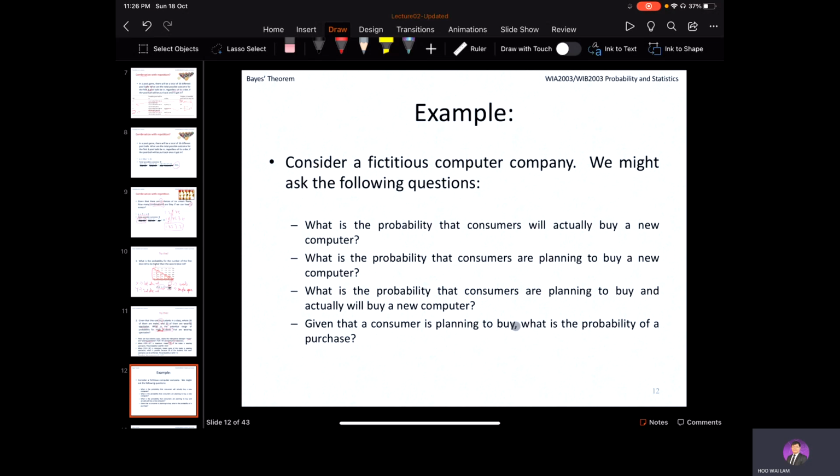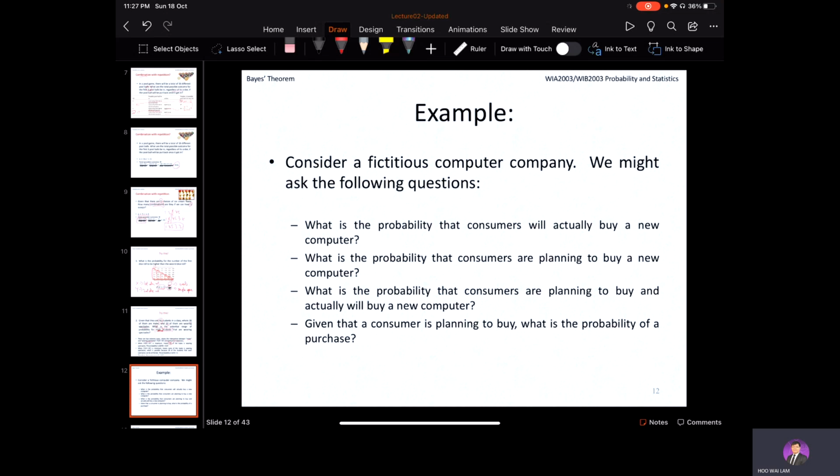This one is a bit different. Given that the consumer is planning to buy, you already have the knowledge that the consumer is planning to buy. It's different from the third case, where you want the events of the consumer planning to buy and actually buying a new computer to happen together. That's the reason it becomes an intersection.